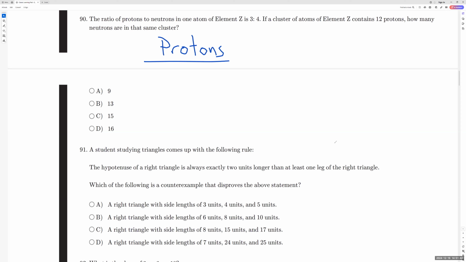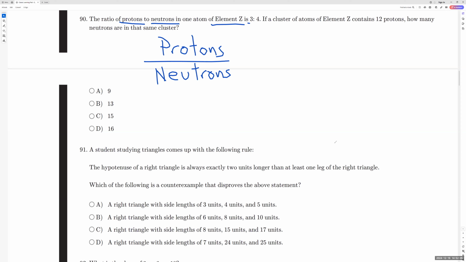So protons and then neutrons. Your question is, what if you put neutrons on top? That's okay as long as you are consistent. What does that mean? It means that the element Z has, the ratio is protons and then neutrons.